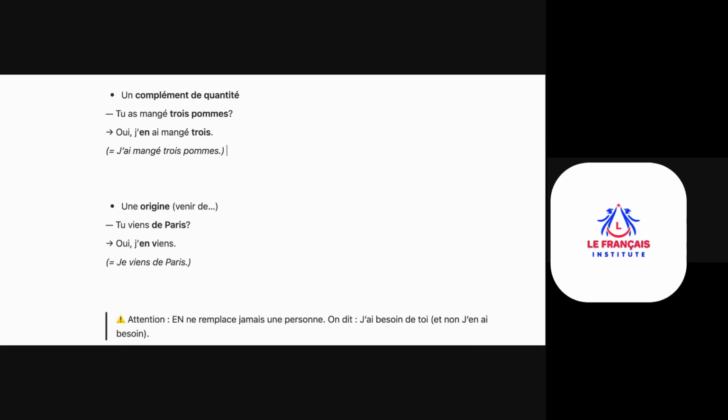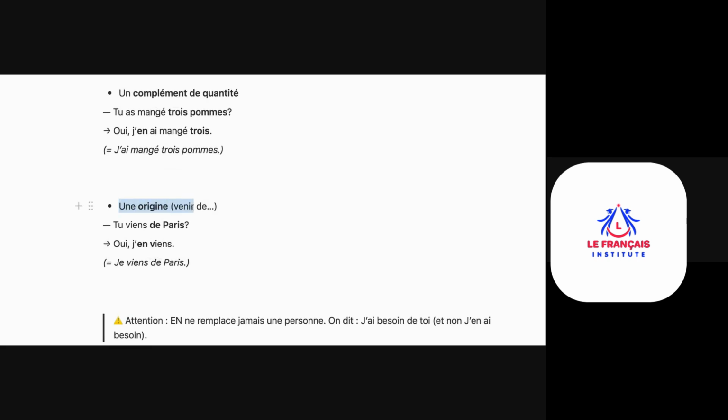Okay, from A1, do you remember venir de to express origin? Venir de means to come from, but actually it means the origin. So vous venez d'où?